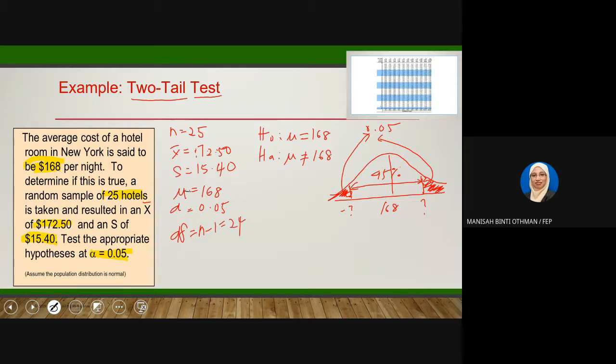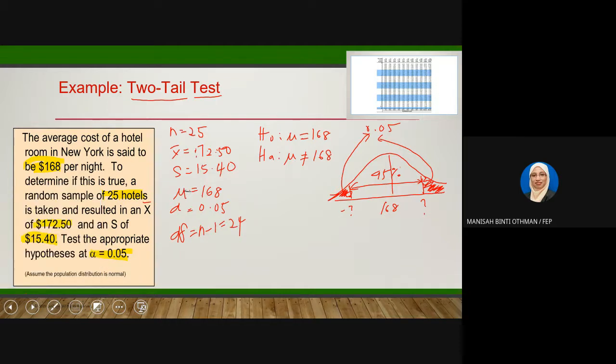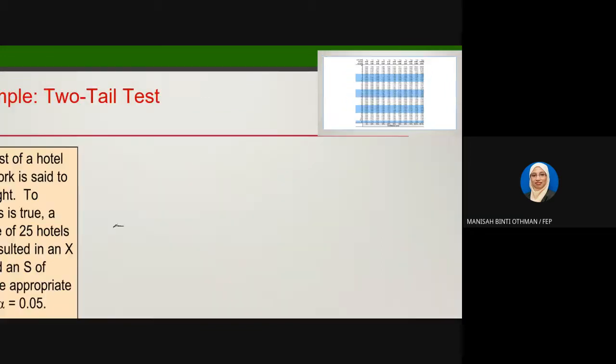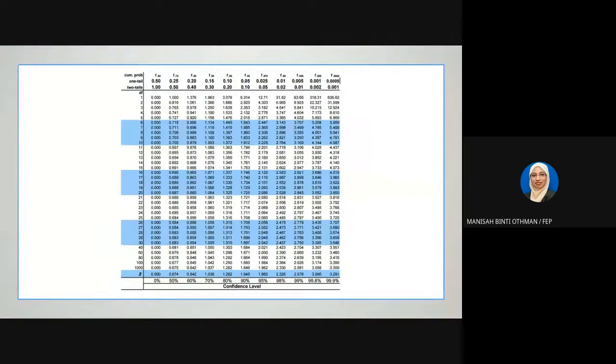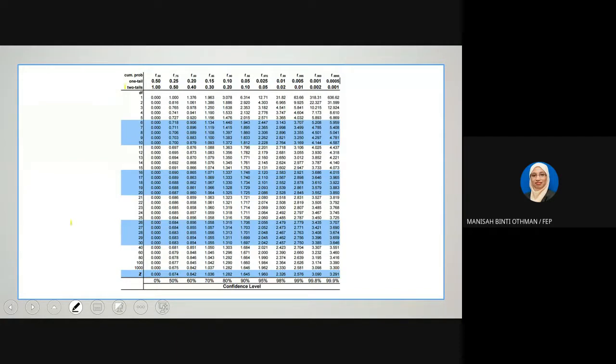Based on degree of freedom 24 and alpha 2 tail 0.05, we go to the table and refer to the 2 tail row.